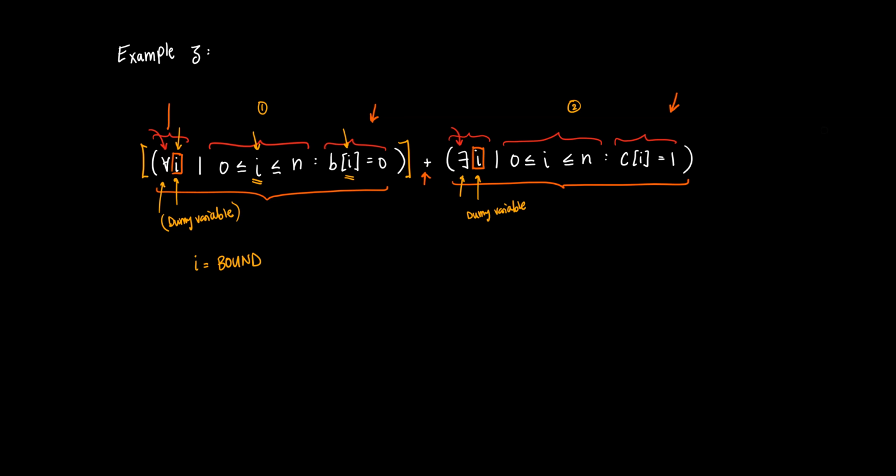Every time we make a new dummy variable and quantifier pair, we're instantiating a new variable. And recall that as soon as we leave the first quantification and enter this one, we are out of scope of the first quantification. This I is locally scoped to quantification 1, just as this I is locally scoped to quantification 2.